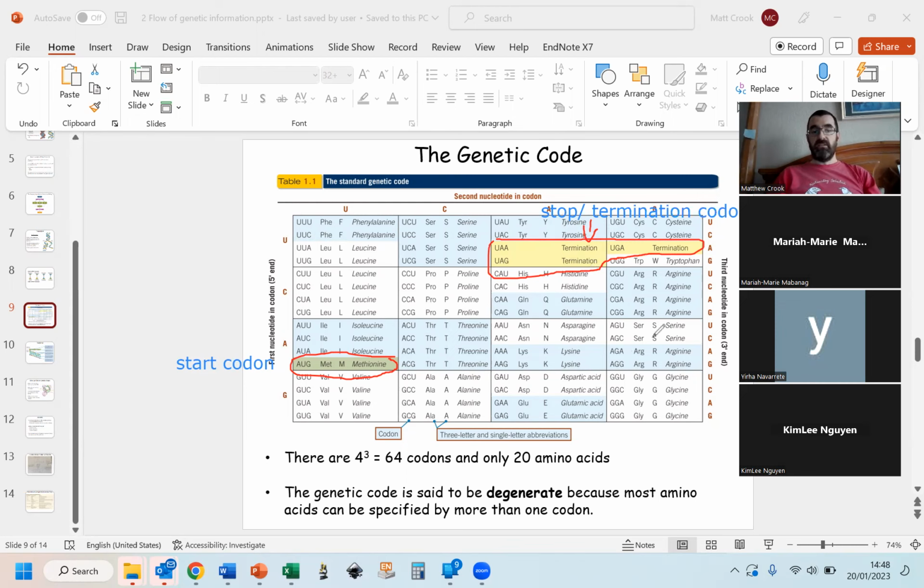Every other amino acid, with the exception of tryptophan, which we'll come across when we talk about bacterial gene regulation, is encoded by more than one codon. So this is what's meant by the degenerate genetic code.